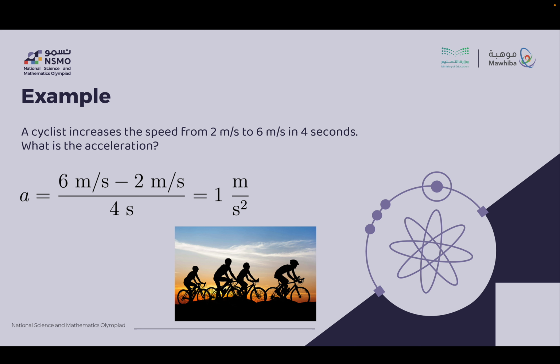In this case, the direction of the velocity does not change, so we can simply subtract the initial speed, 2 meters per second, from the final speed, 6 meters per second. So this difference will be 4 meters per second, and we have to divide this by the time, which was 4 seconds. So the final result is that the acceleration is 1 meter per second squared.